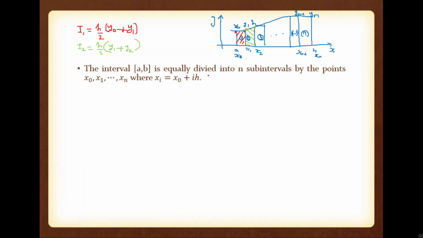What about this one? Again, the width is h, the starting value is y2, the ending value is y3, then what is I3? Exactly, h by 2 into y2 plus y3.